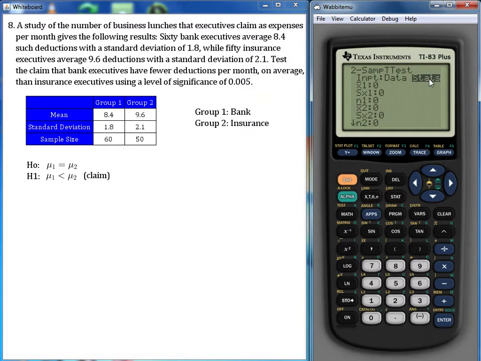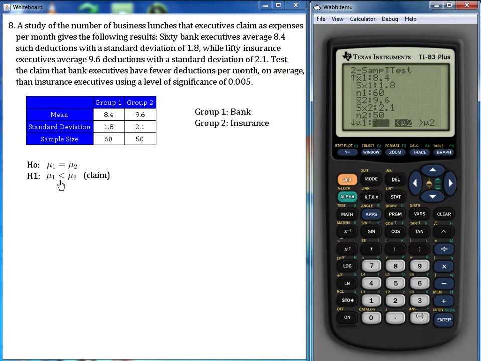All right, so my stats that I'm given, the mean of group 1 is 8.4. Standard deviation of group 1 is 1.8. And the sample size of group 1 is 60. The mean of group 2 is 9.6. The standard deviation of group 2 is 2.1 and 50 for the sample size.